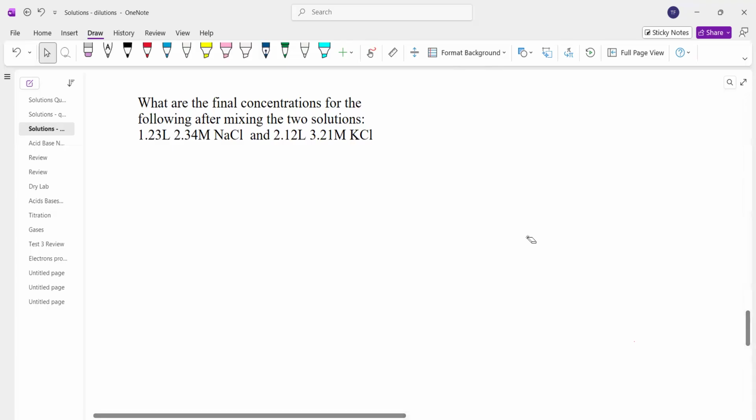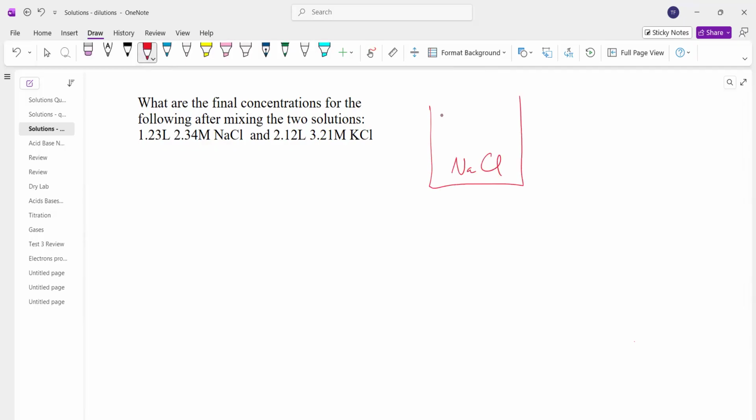Okay, so we've got a solution of sodium chloride and a solution of potassium chloride.